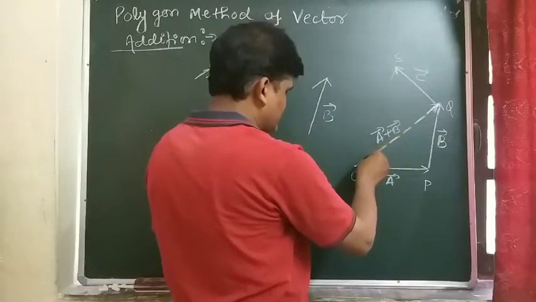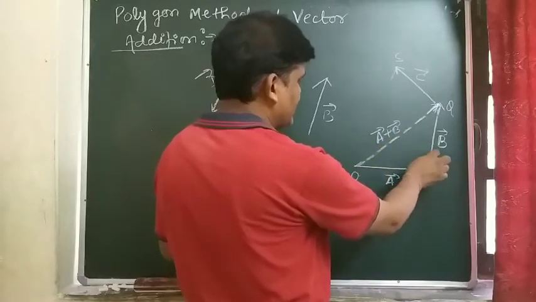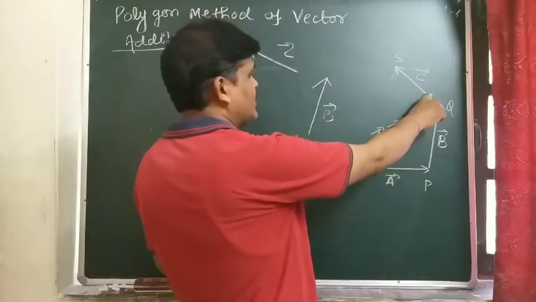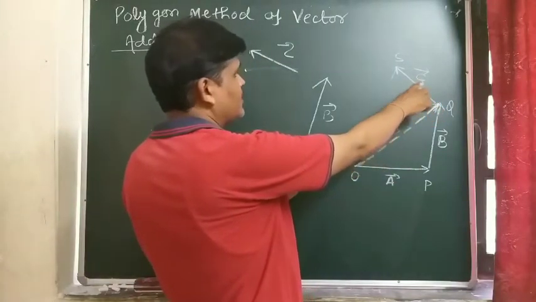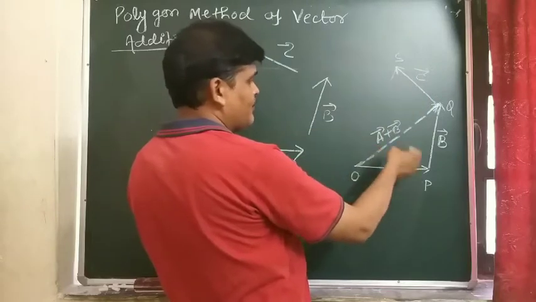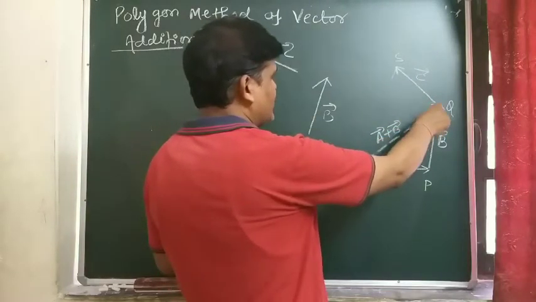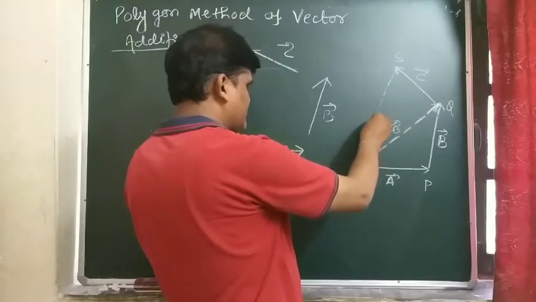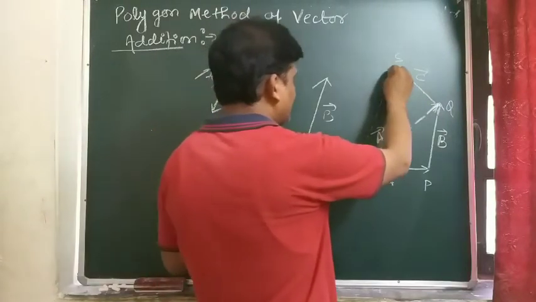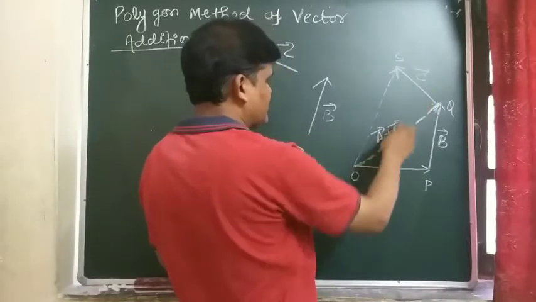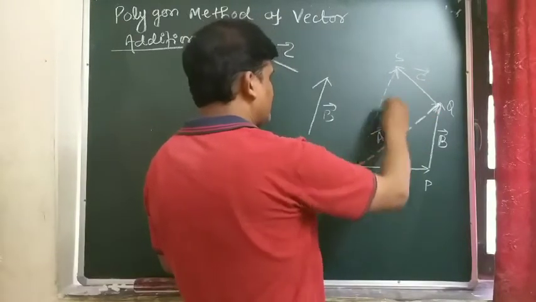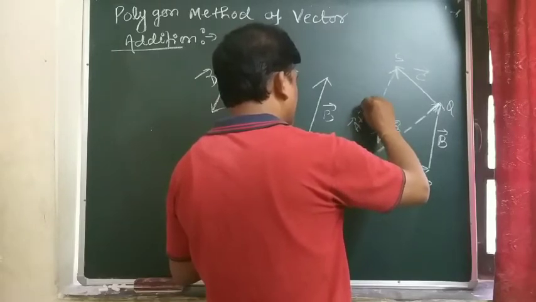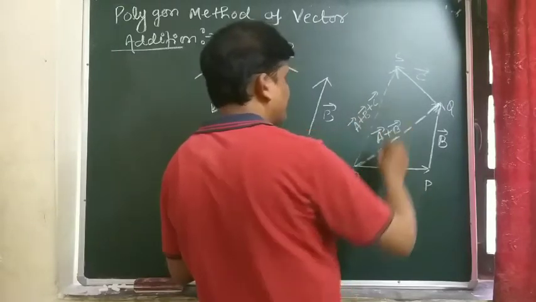So this is the resultant of the first 2 vectors, and the resultant of 2 vectors is itself a new vector, and it can be added with the third vector, and the resultant of the OQ vector and QS vector again has the opposite direction. So this will be again a new vector, and the resultant of this is vector A plus vector B plus vector C.